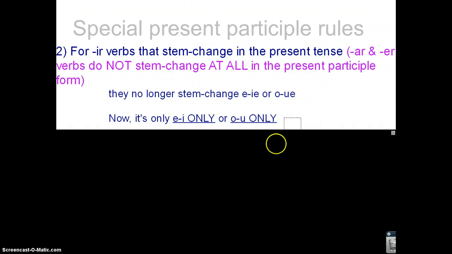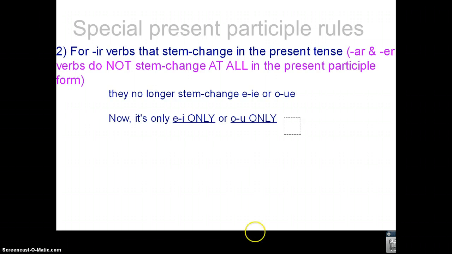What I would like you to do in this space here is look at your yellow sheet and list all of the IR verbs that are stem changers. Just list them in a vertical row. If you want to, you can have 2 columns, and we will write down what their present participle becomes.